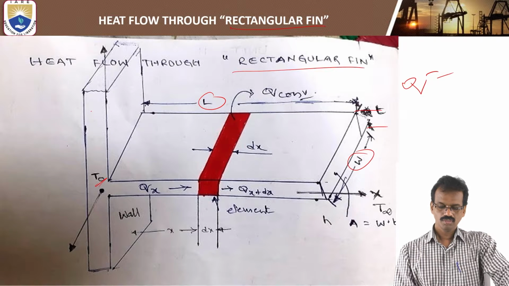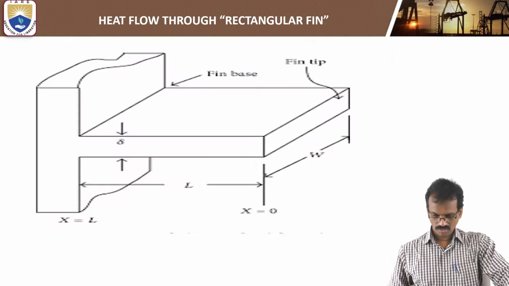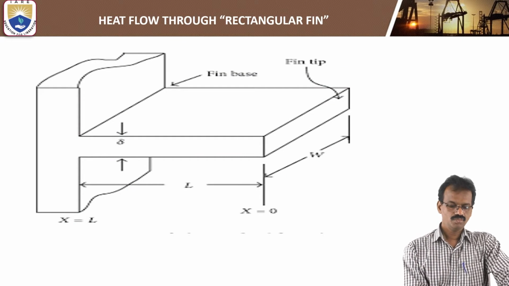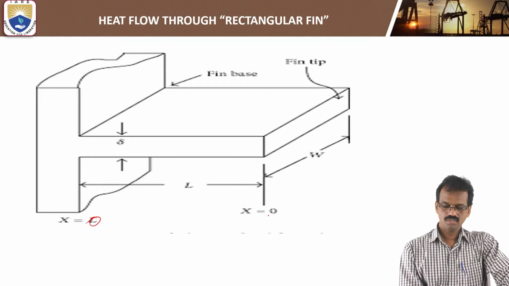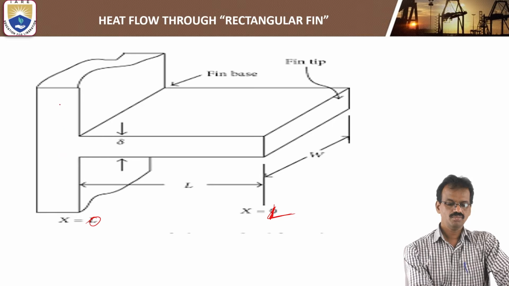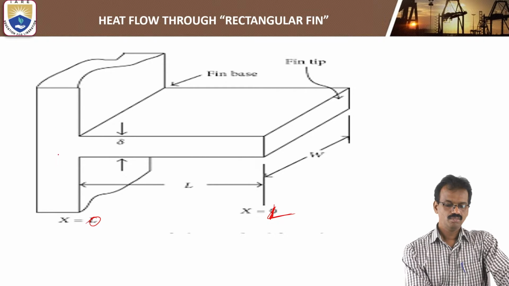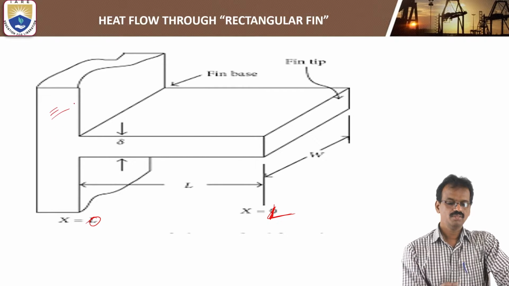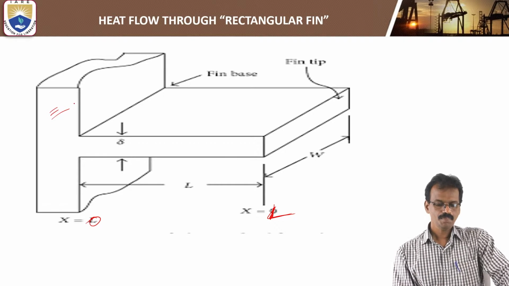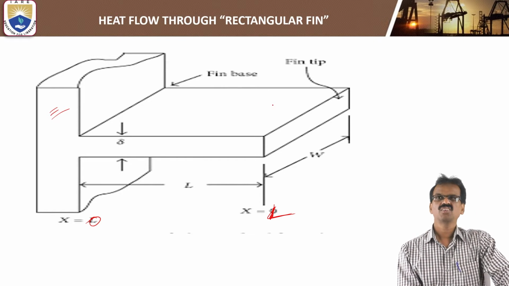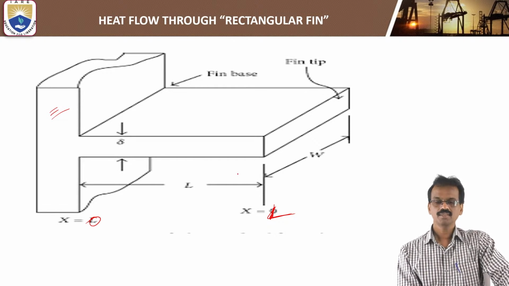So here, x is equal to 0 at the base, and x is equal to L at the particular length. The base surface is the surface of any engine. So this is the rectangular fin.